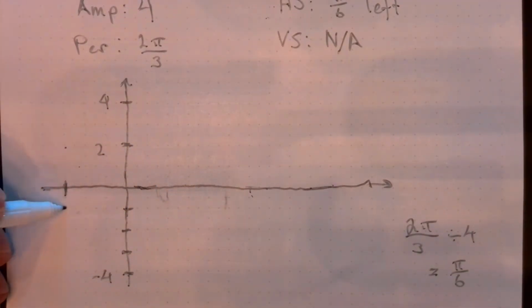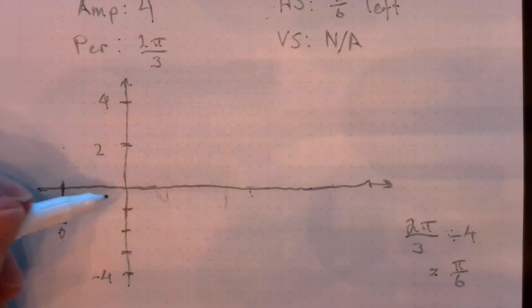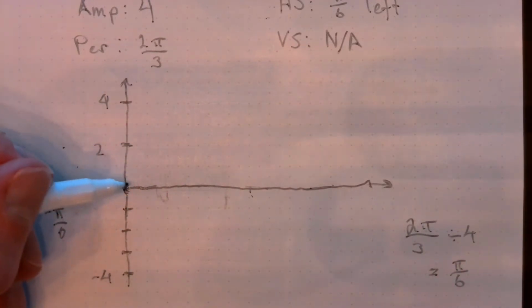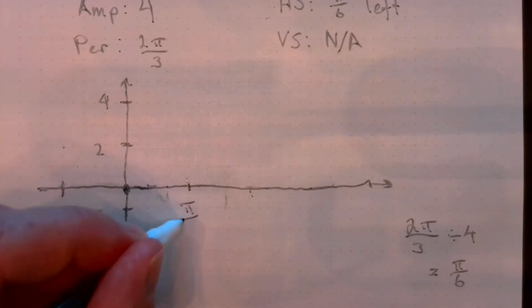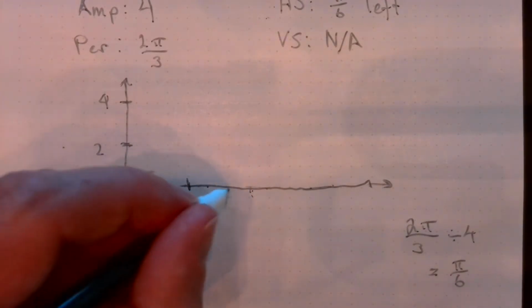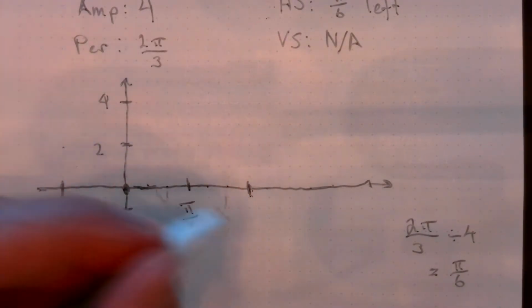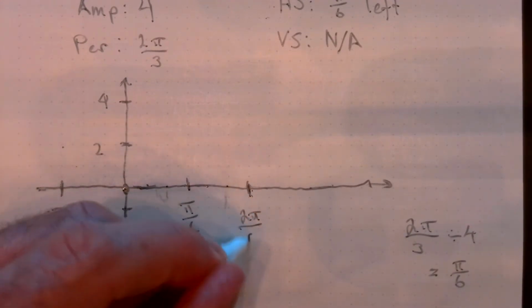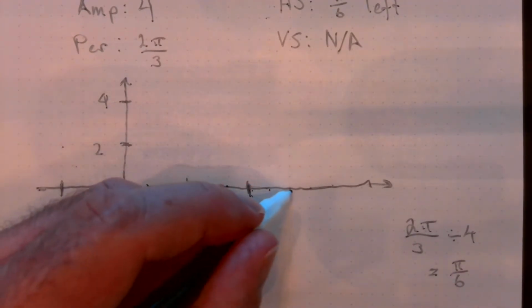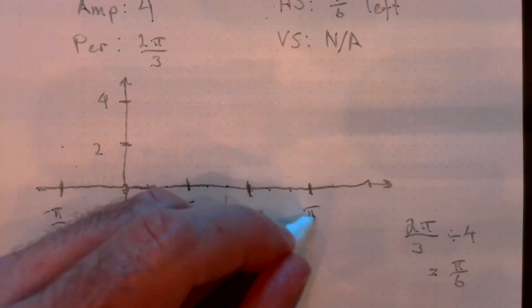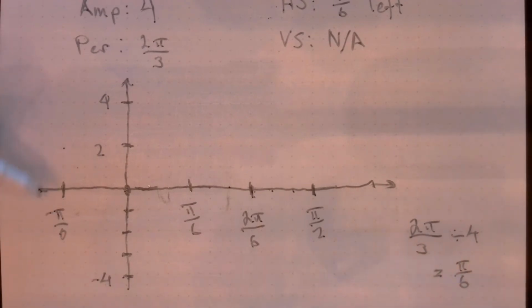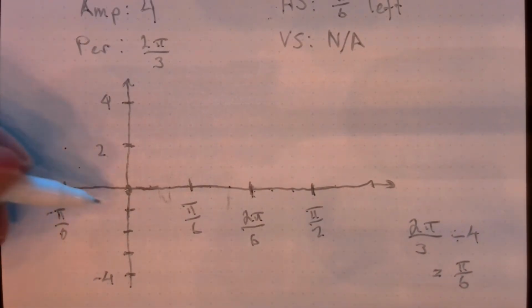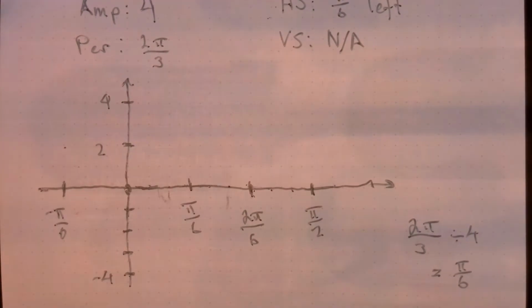So negative pi over 6, I'm going to put that right here. That's another point on my 1, 2. Okay, so these should be my tick marks. This is more appropriate here. Okay, so I've divided my period into 1, 2, 3, 4 pieces.